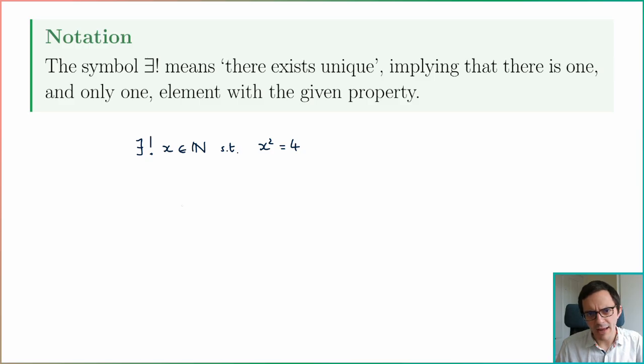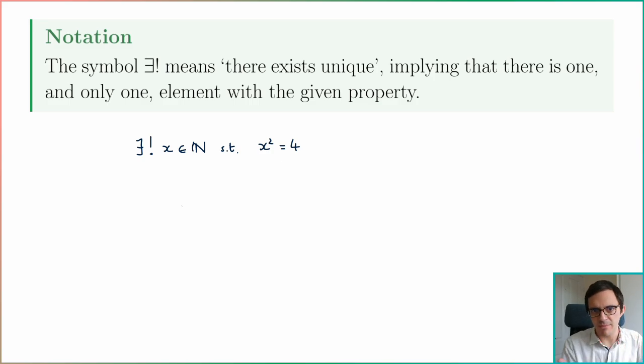You don't have to use this. If it happens to be unique, you're not in trouble for not writing the exclamation mark. This is a sort of stronger claim, and you're not required to always make the strongest claim that you can. So you are allowed to ignore this and never use it. But if you see somebody else using it, here's what they mean. They're telling you both that this element exists and that it's the only one in the set.